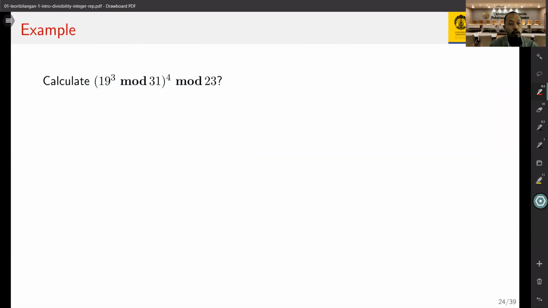So how do you calculate this using the previous theorems? Can anyone help me? How do we start?